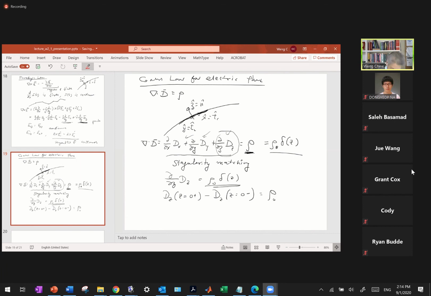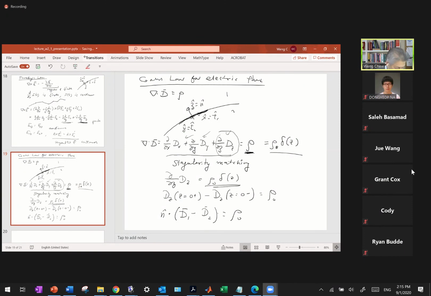So I have this boundary condition that the normal component of the electric flux must be equal to the surface charge density. If I express it in a coordinate independent form, and I call the regions 1 and 2, D1 minus D2 must be equal to rho s. This is the boundary condition induced by Gauss's law.